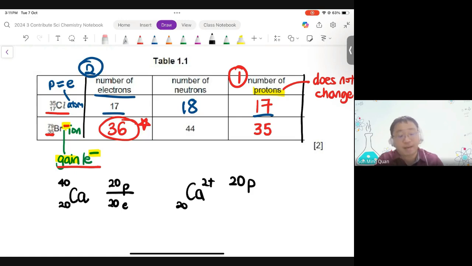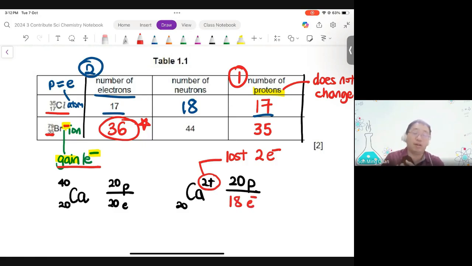Proton is the same number throughout because you do not lose protons or gain protons ever. The one that changes, of course, is the electron. Now it's a positive charge. If it's a positive charge, it means it has lost 2 electrons. So the answer is, from 20 electrons originally in the atom, now it has 18. All right.